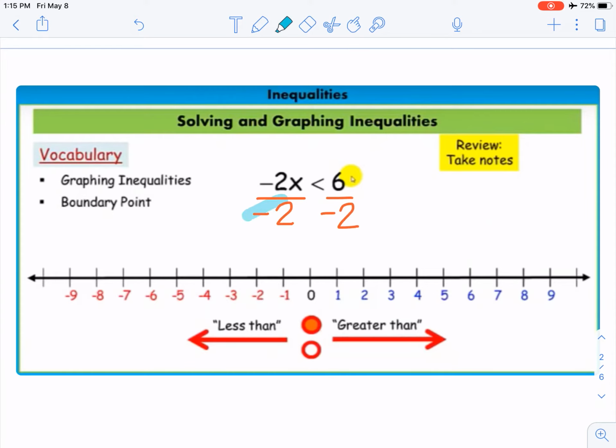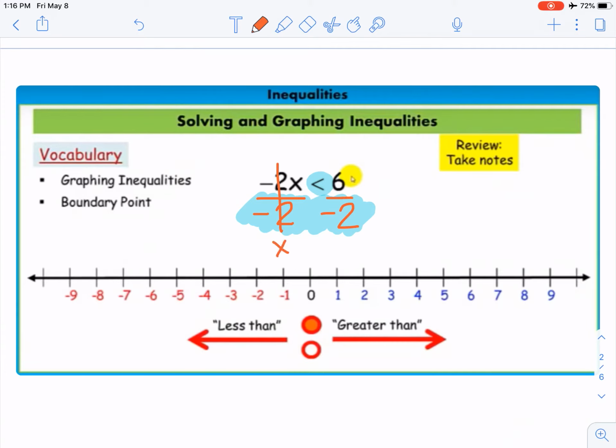This should pull off a red flag in your head. Whenever we divide by a negative number, we also need to turn our inequality symbol around. We need to reverse it since our positive versus negative association is changing. So in this case, I know that this cancels out and leaves x by itself.